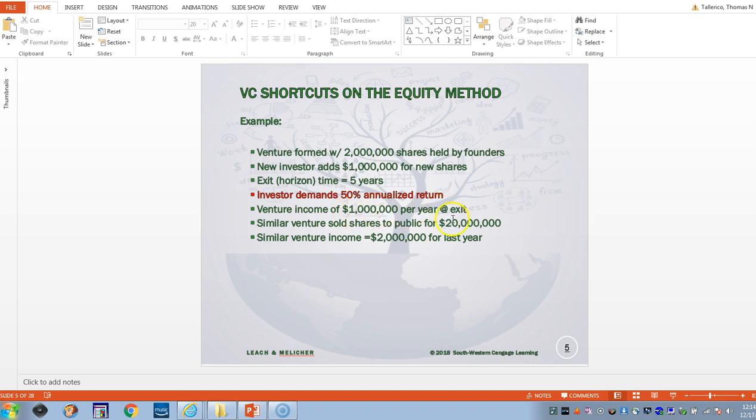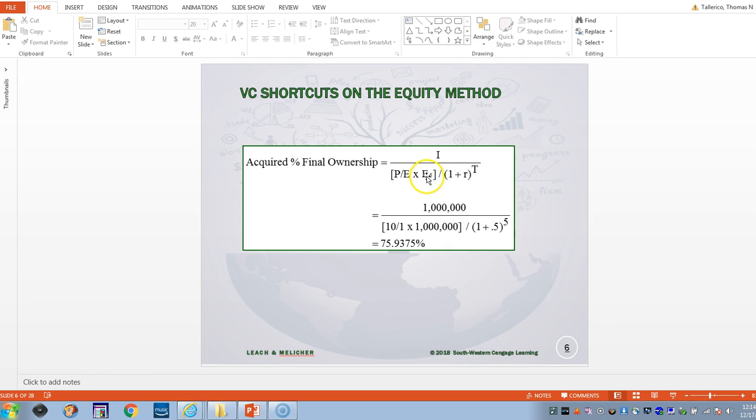Everyone see that venture income at exit, per year at exit, and that's there. And here is the 50% return, and here's the 5 years, and this is how much of the final ownership you get. And again, it's all just a plug-in here.